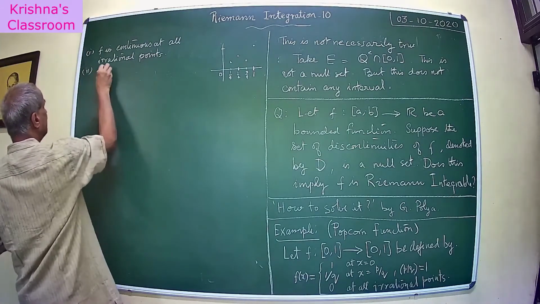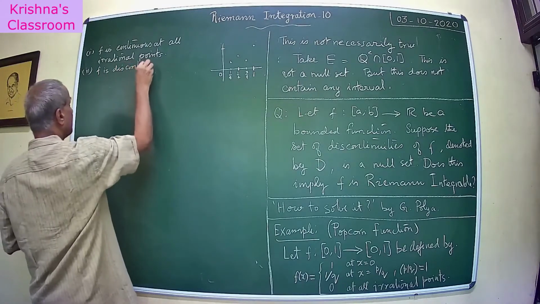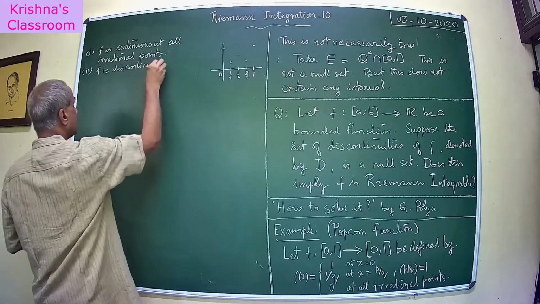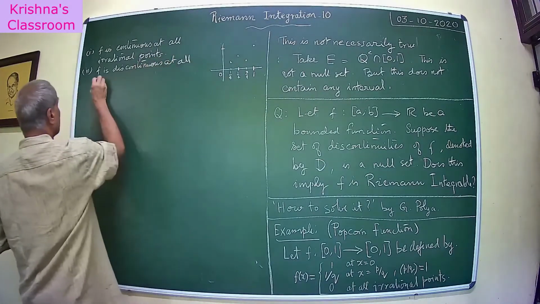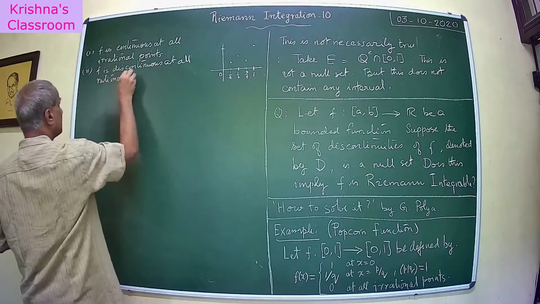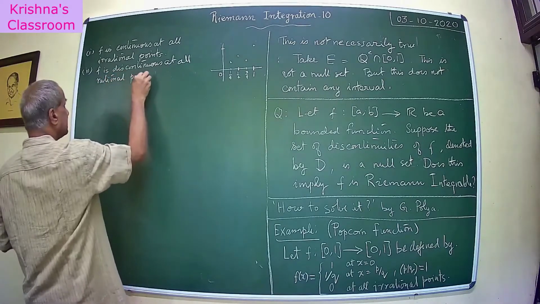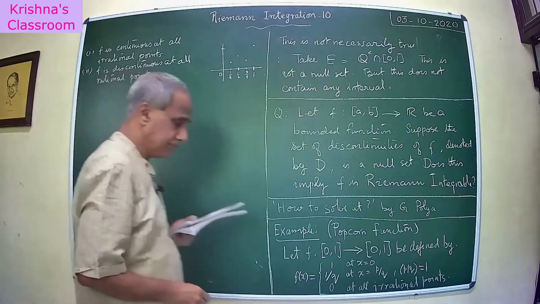F is discontinuous at rational points. Both these statements require a proof.